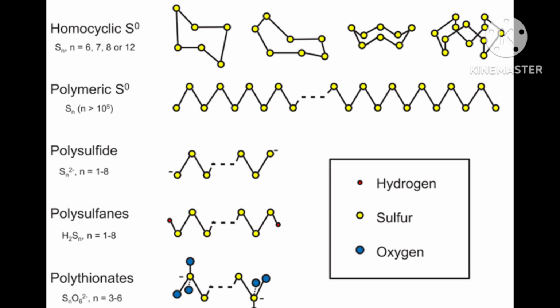Actually SO2 here is in a plus 4 oxidation state. One oxygen is minus 2, two oxygens minus 4, so obviously sulfur is plus 4. But in the product it is giving the sulfate ion, SO4 2 minus. Now at this stage, what will you find as the oxidation state of sulfur? 4 oxygens means 4 into minus 2, minus 8.